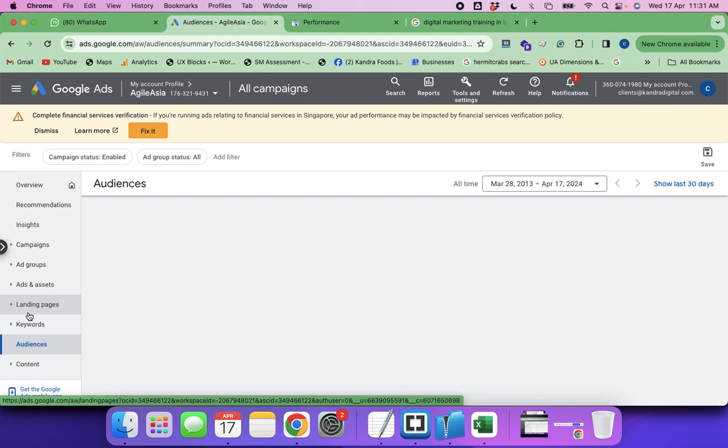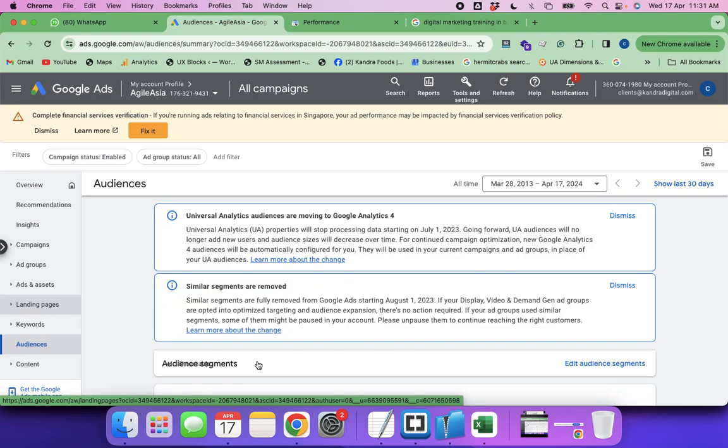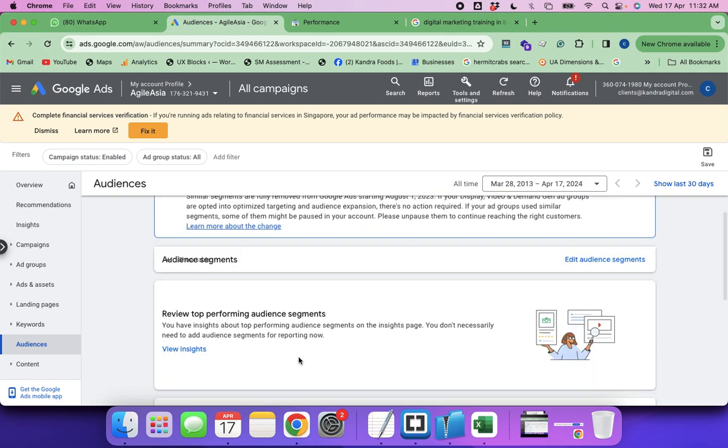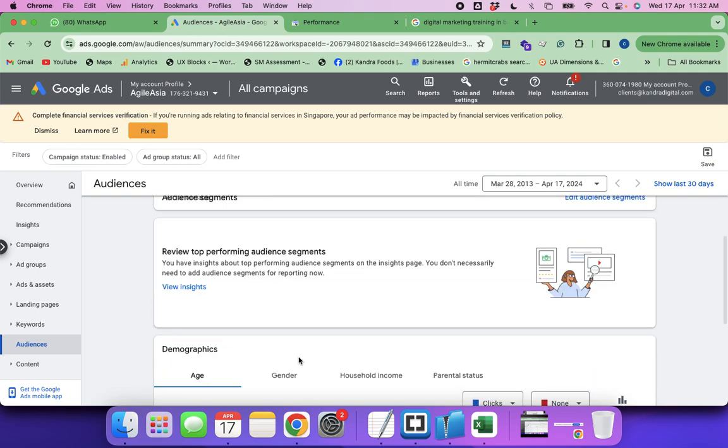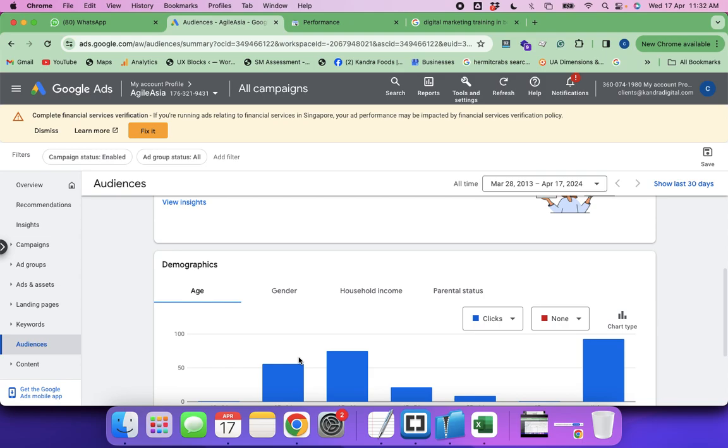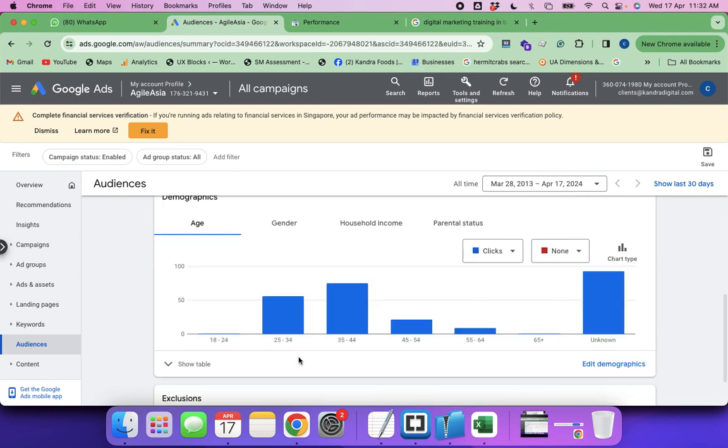Okay, and what are their interests, various such kinds of details. Yeah, age, gender. Okay, so look at the age. So your ads are shown to most, you got clicks.